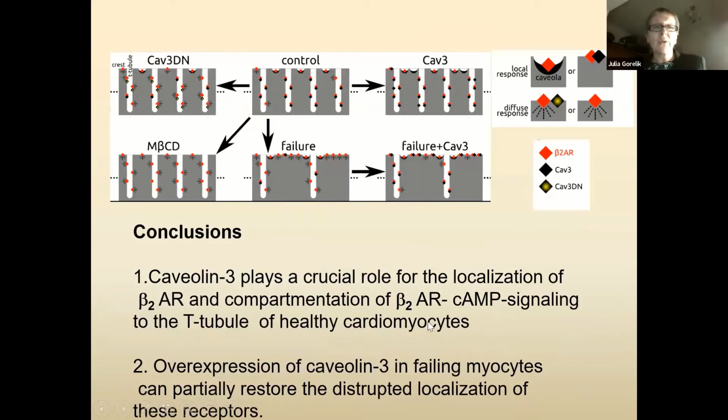We conclude that caveolin-3 plays a crucial role in the localization of the beta-2 adrenergic receptor and the compartmentation of beta-2 cyclic AMP signaling to the T-tubule of healthy cardiomyocytes, and overexpression of caveolin-3 in failing myocytes can partially restore the disrupted localization of this receptor.